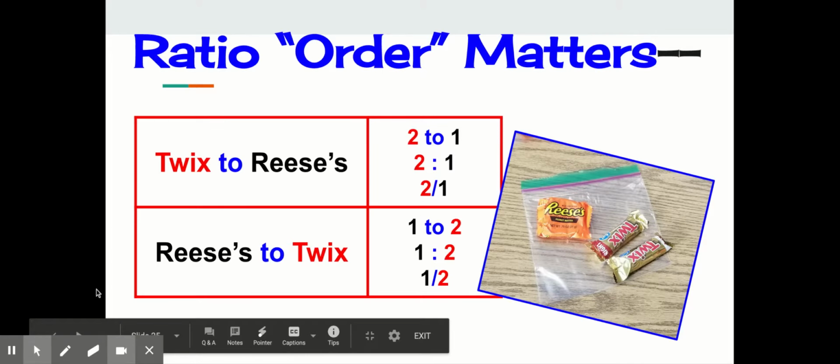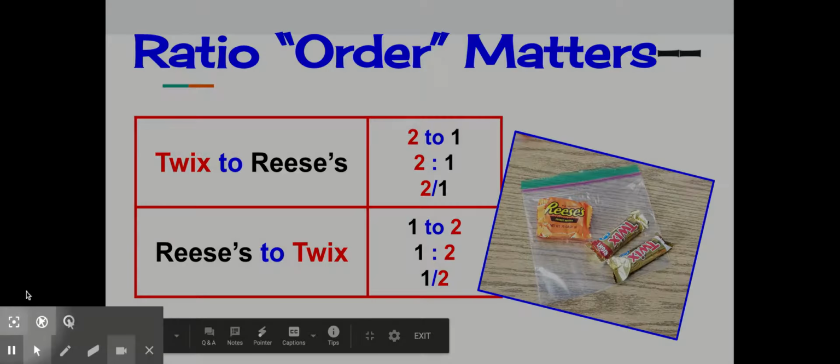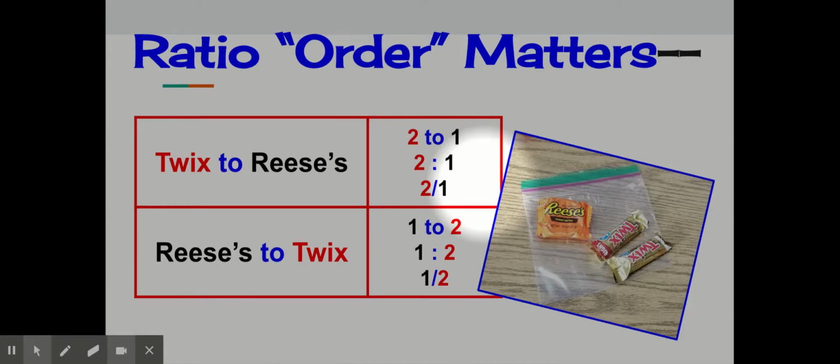Here's the little bag that I showed you earlier, Reese's and Twix. So if I'm going to talk about a ratio of Reese's to Twix, remember ratios talk about the relationship of one number to the relationship of the other number. So we could talk about Twix to Reese's.